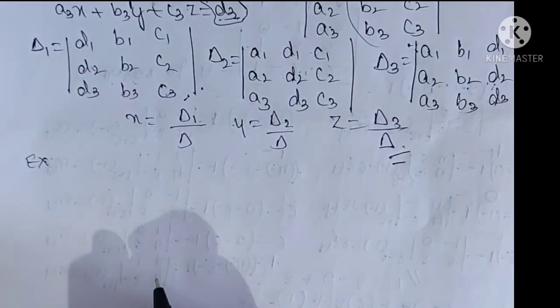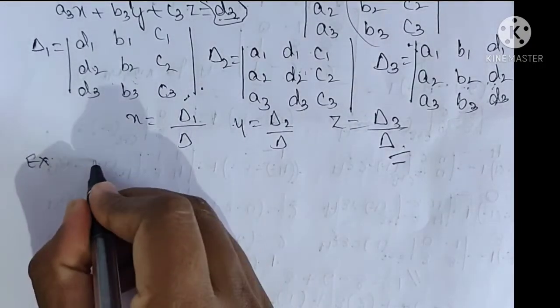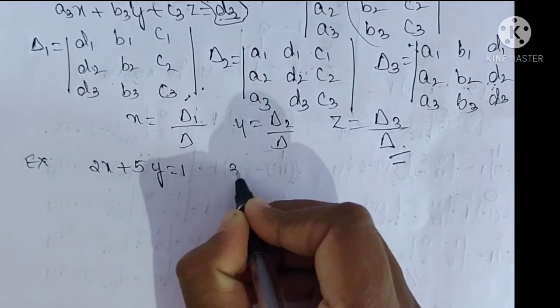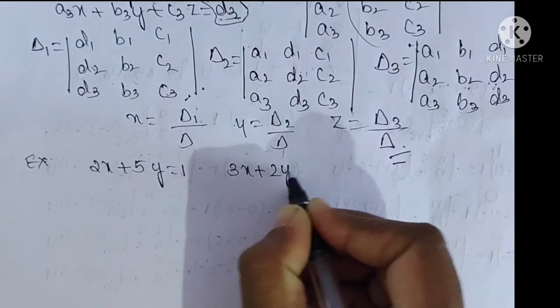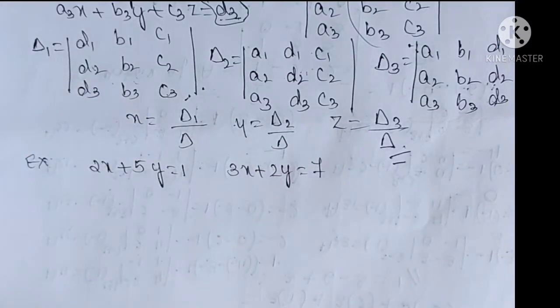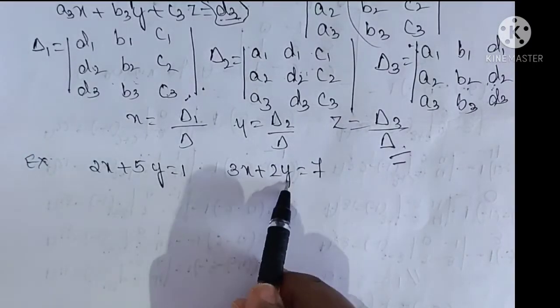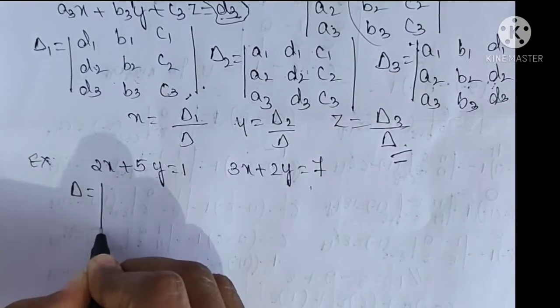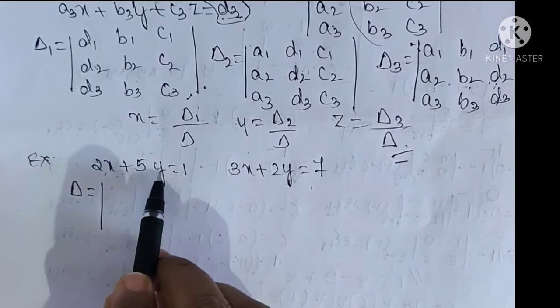Now let's see examples on Cramer's rule. The first one is 2x plus 5y equals 1, and 3x plus 2y equals 7. These are two linear equations with two variables. First consider delta, which is the determinant of the coefficients of x and y.